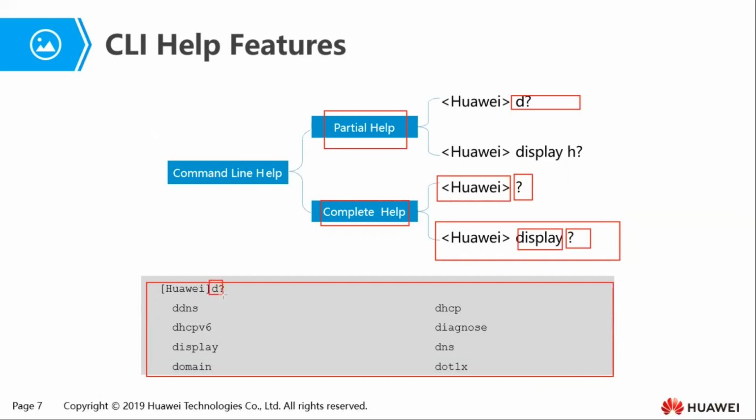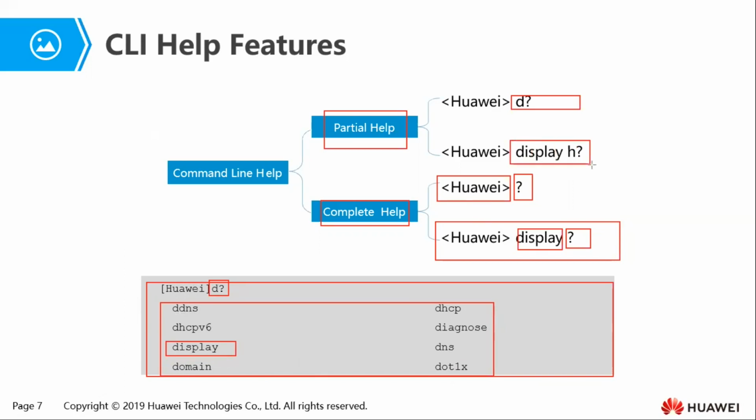So we are doing question mark and then D without a space. So it will bring us, in the system view, all the commands that begin with a D. So if you wanted, for example, to use the display command, then now you can go ahead and type the entire command.